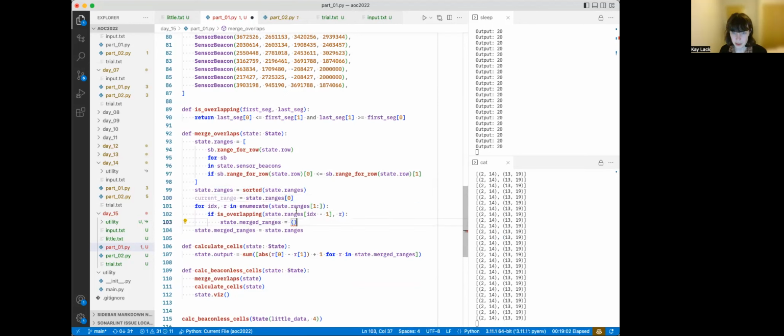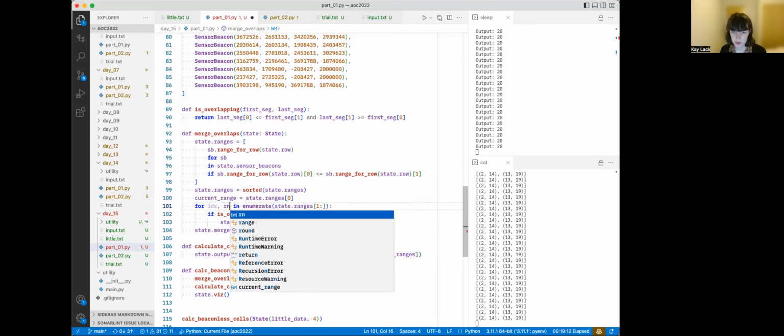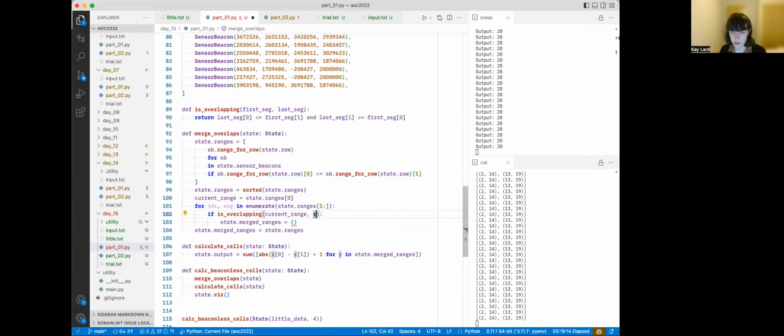Okay, and then we're going to iterate over every range after this, and then if the current range is overlapping with our new range, then the current range should be merged into it.